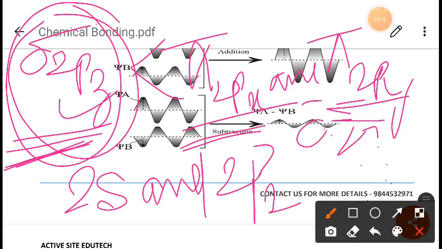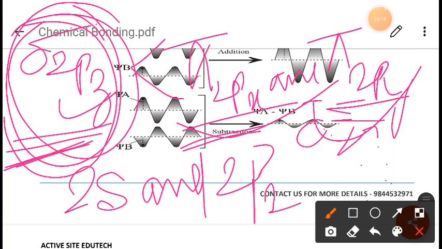That is why in Li2, Be2, B2, C2 and N2 molecules, the sigma 2pz orbital is of higher energy as compared to that of the pi 2px and pi 2py molecular orbitals, right?